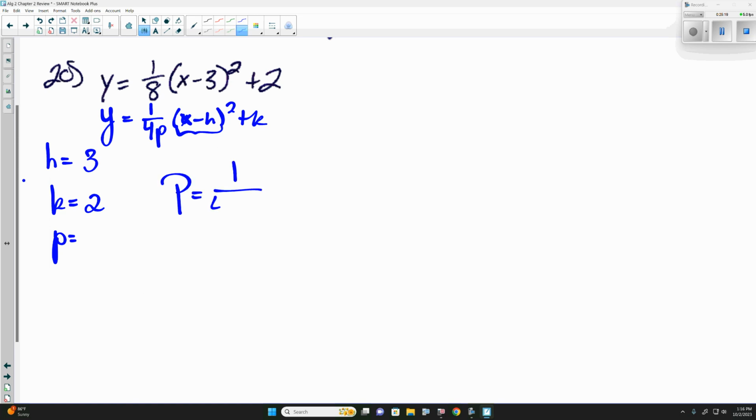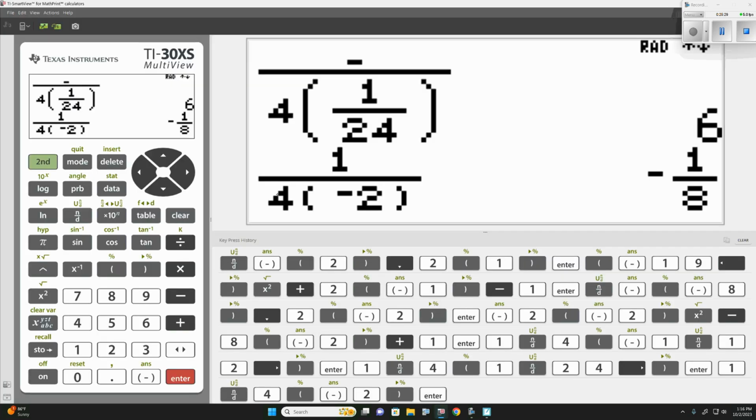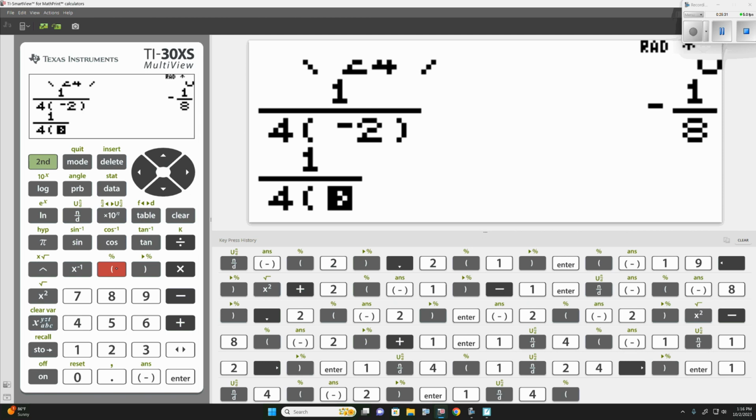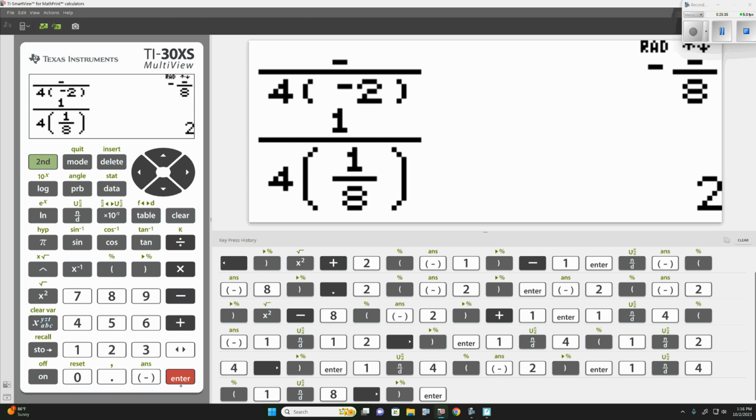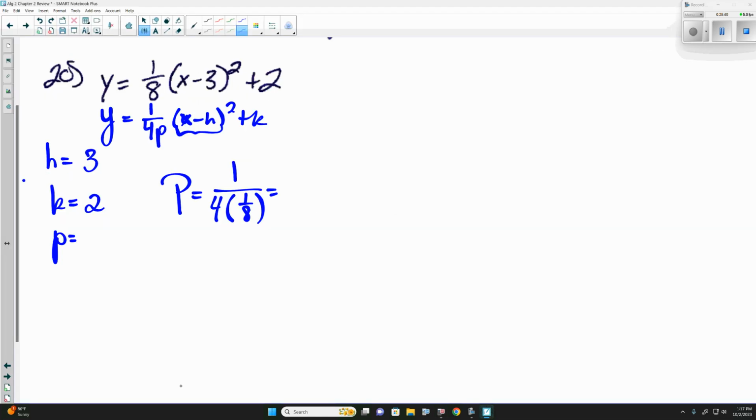P is equal to 1 over 4 times the number in front of our term being squared, which in our case is 1 over 8. Again, we can plug this into the calculator, and we get a value of 2. Questions on how we found the values of h, k, and p?